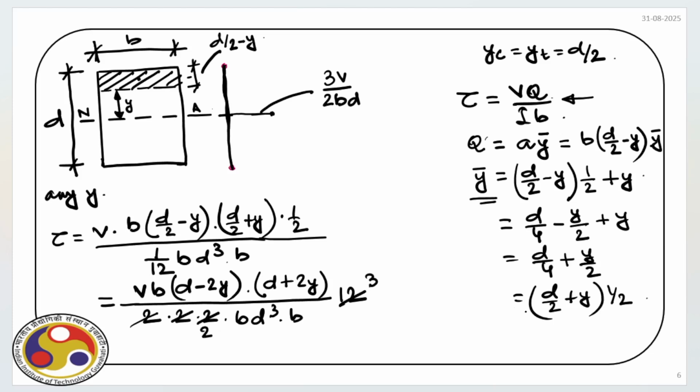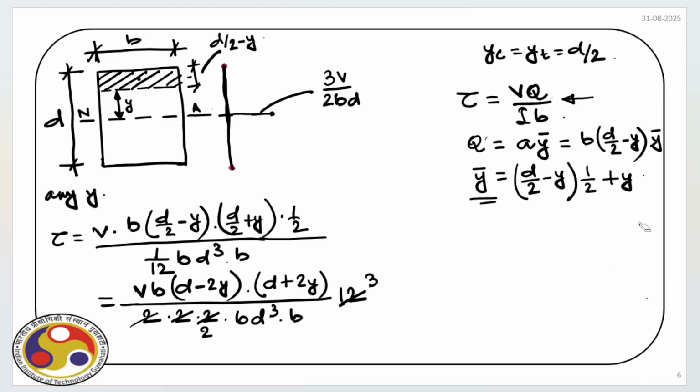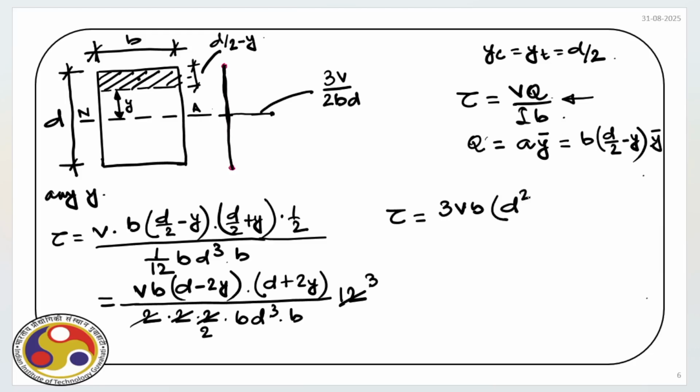So effectively what we get, shear stress tau is equal to 3VB times d square minus 4y square, divided by twice B square d cube. So we can cancel one B, and that's the expression of the shear stress.